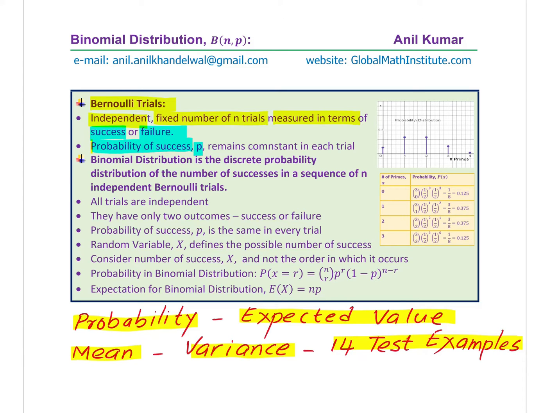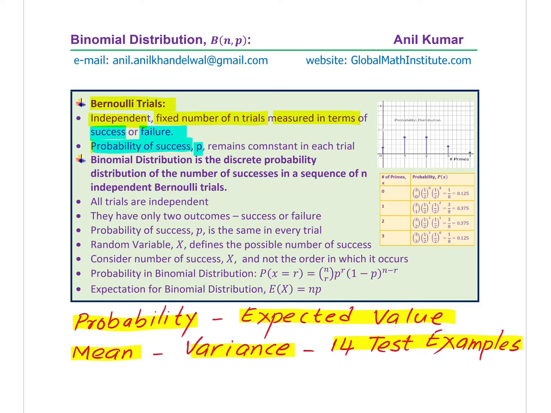Now, a binomial distribution is a discrete distribution where each trial is a Bernoulli's trial. That means all the events are independent and the probability of success remains constant. So, the binomial distribution is a discrete probability distribution of the number of successes in a sequence of n independent Bernoulli's trials.